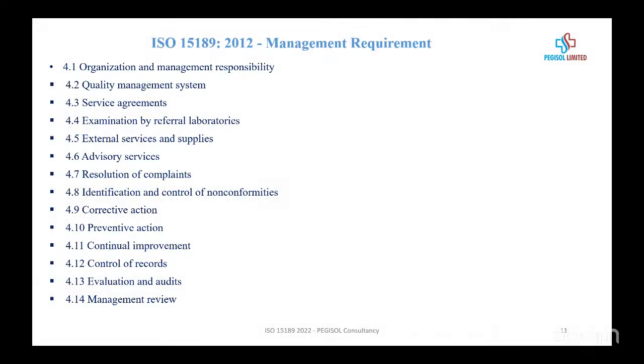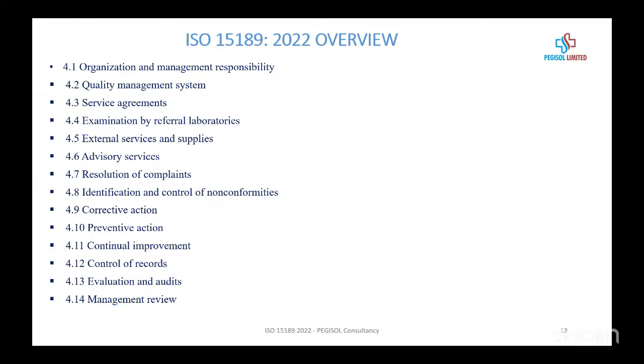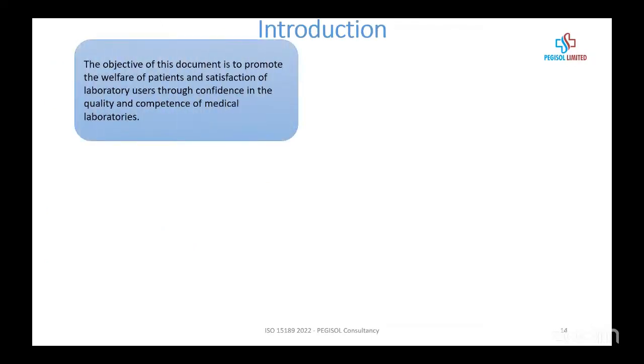So if it is 4.9 in the previous ISO, what requirement is it addressing? Type in the comment section. What requirement do you think it is addressing? Corrective actions. Yes, that's the way it works. So now, in ISO 15189:2022, when you see a 4-point requirement, what is it addressing?